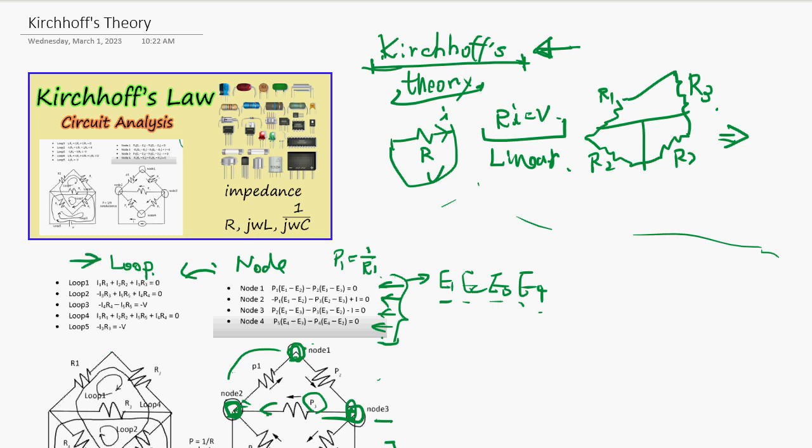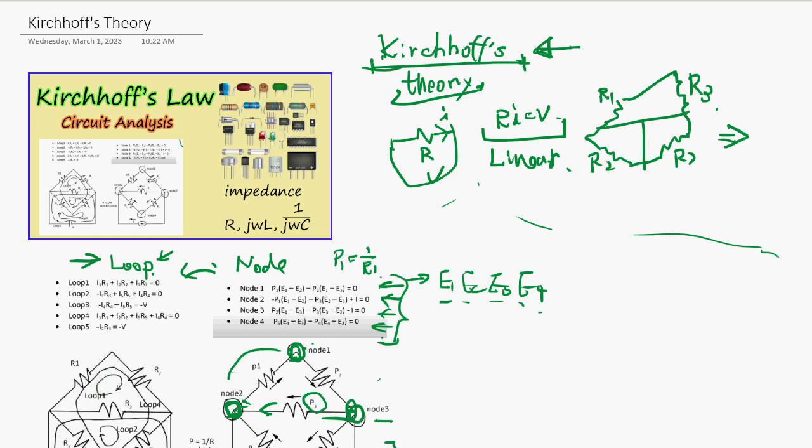Okay. On the other hand, the loop, you find every loop. Now, before you find the loop, you have to know how many unknown parameters there are. The objective of the loop method is to find the current.